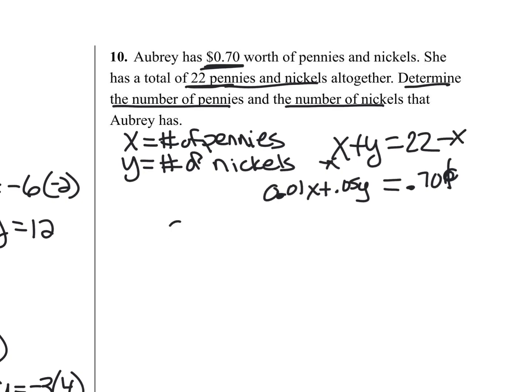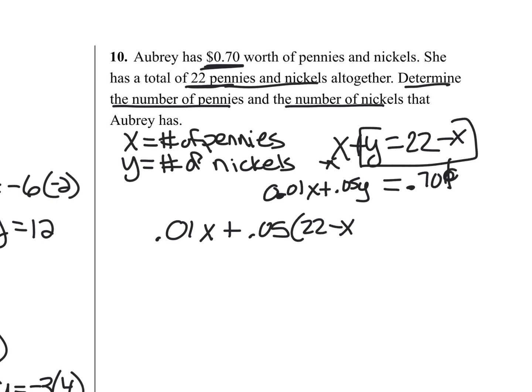So I'm going to plug in 0.01x plus 0.05, and instead of y, I'm going to use 22 minus x, equals 0.70, 70 cents. All right, so we're going to go ahead and bring this down, and then we're going to distribute.